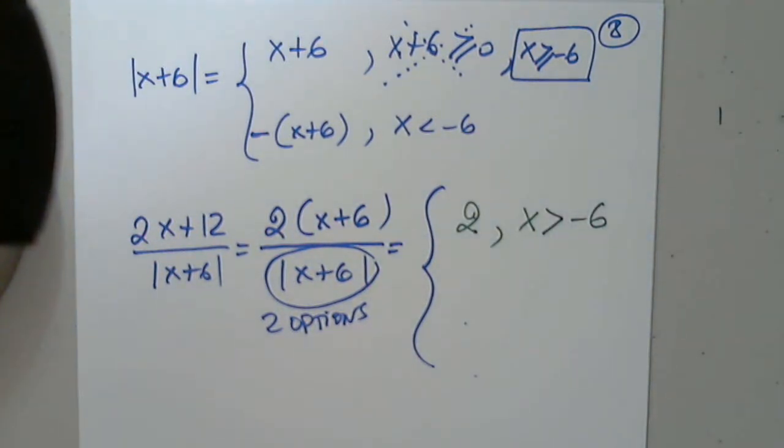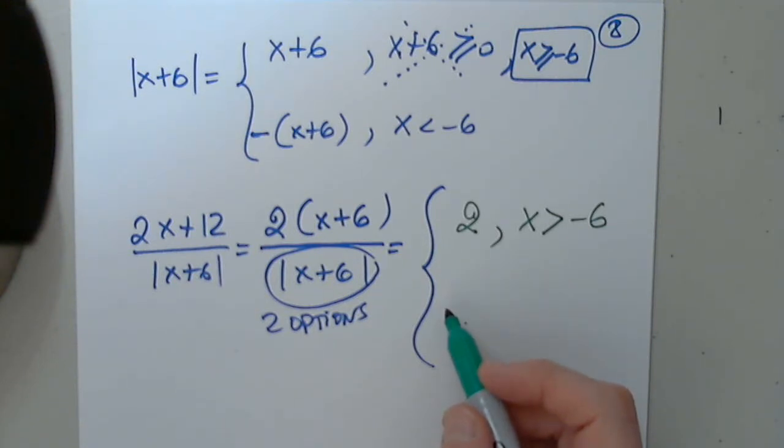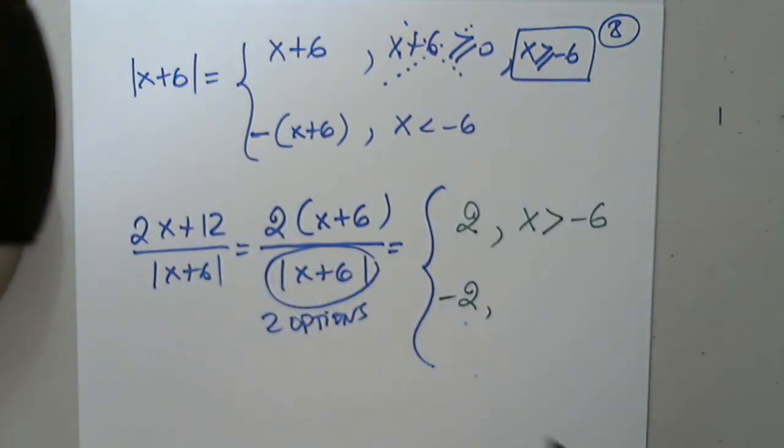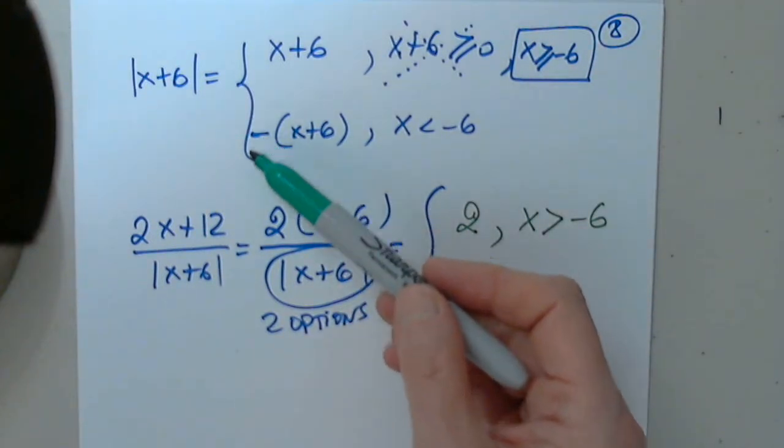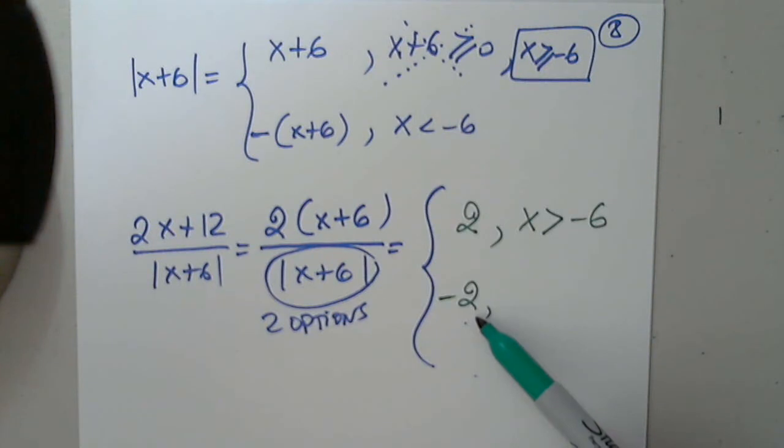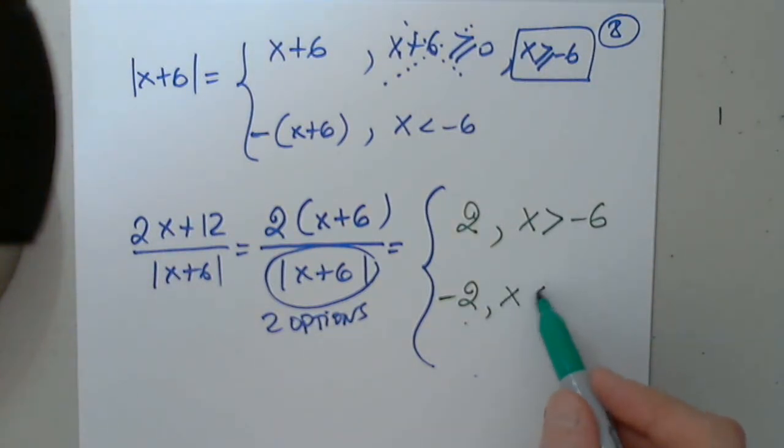What is the other option? It would be 2 times x plus 6 over negative x minus 6, which will mean -2, because this is x plus 6 with a minus in front. So 2 over -1 would be -2 for x less than -6.